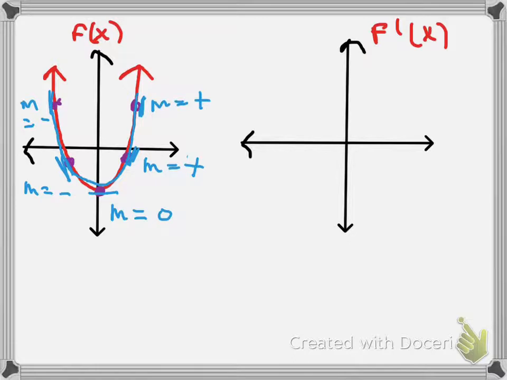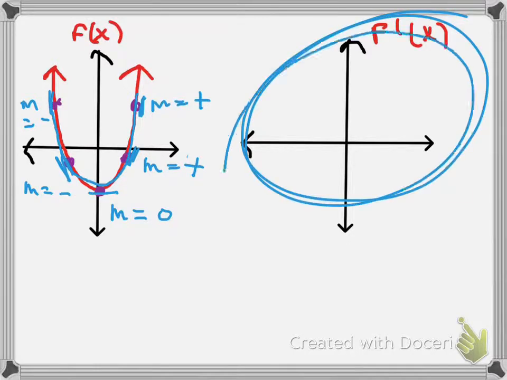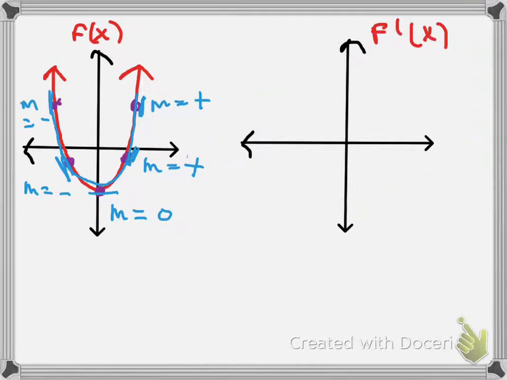So over on this side of the graph, when I graph my derivative, what I'm going to have to do is show that. Start with the 0 slope, that seems the easiest. The 0 slope happens down here at 0. So on my f prime graph, I need a point at 0, right at the origin.